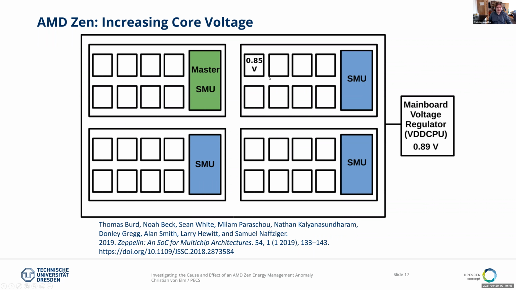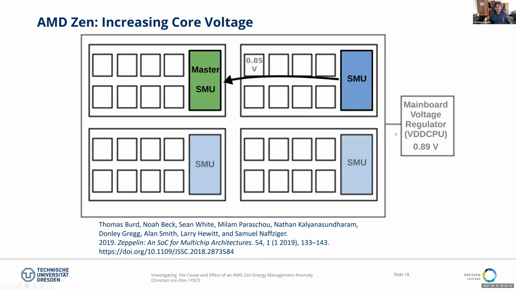Let's assume the core I've drawn in here, which has a voltage of 0.85 volts, wants to increase its voltage, but it cannot increase it anymore because the VDD CPU is not high enough at 0.89 volts.